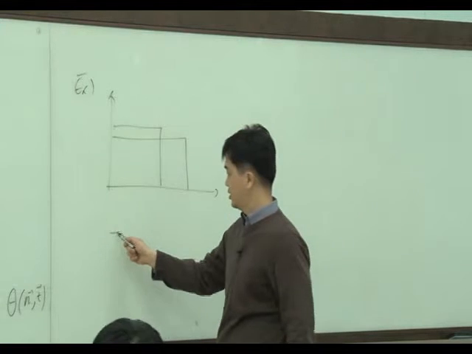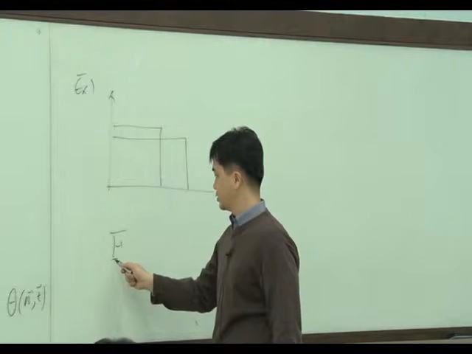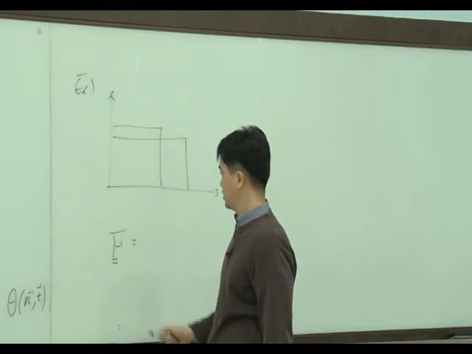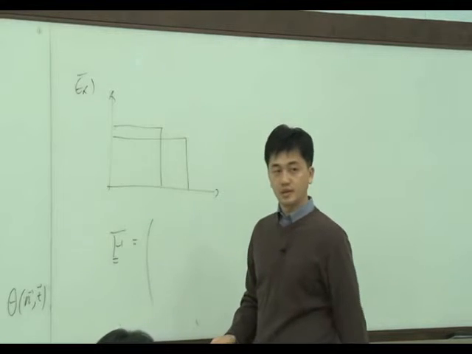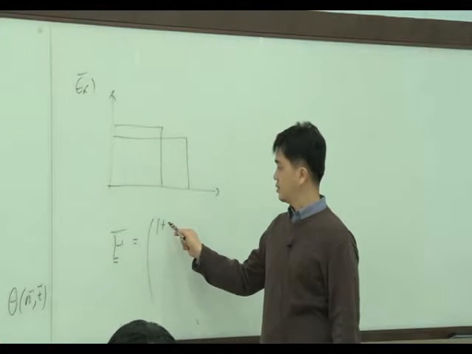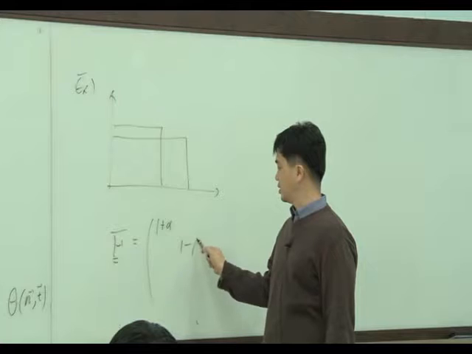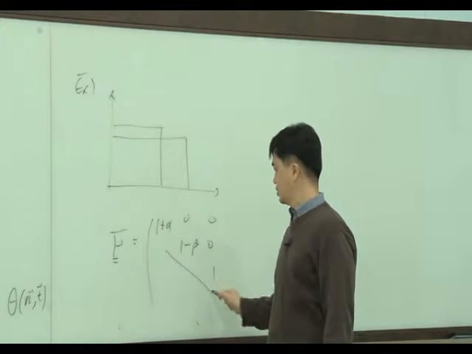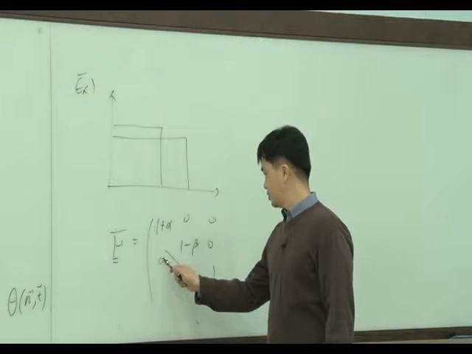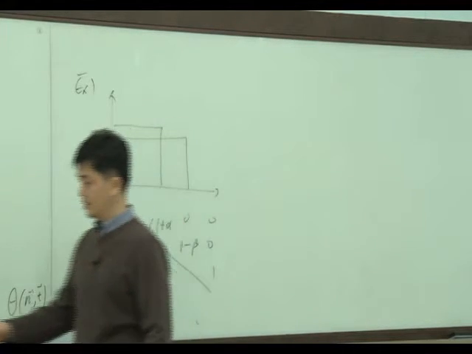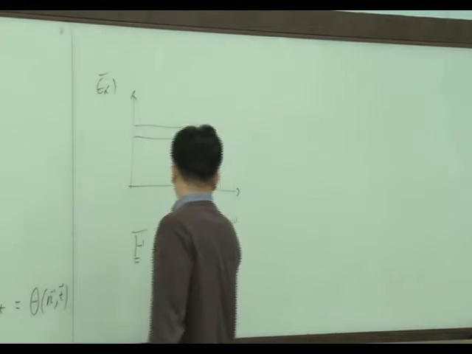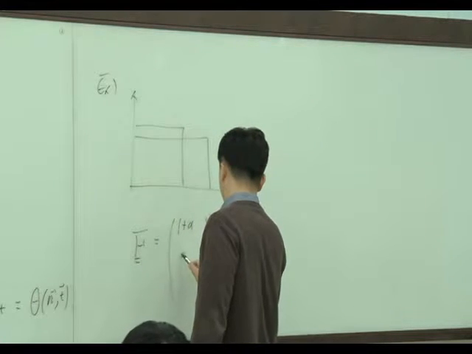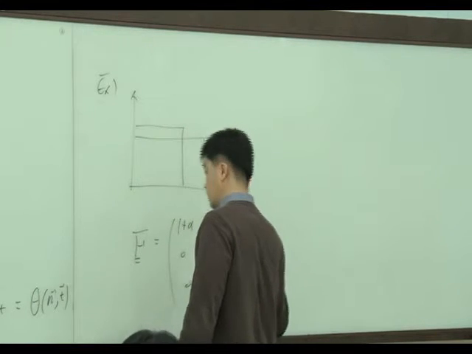What was the deformation gradient? 1 plus alpha, 1 minus beta, 1, 0, 0, 0. Is that correct? Okay, and 0, 0, 0. Is that correct?